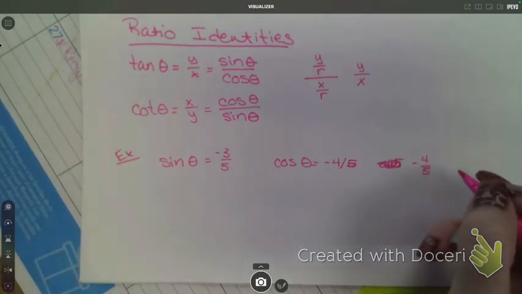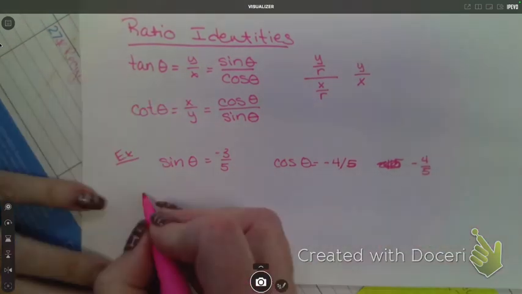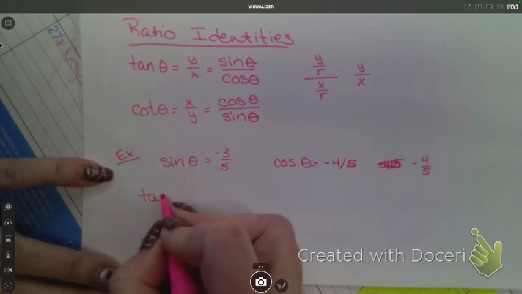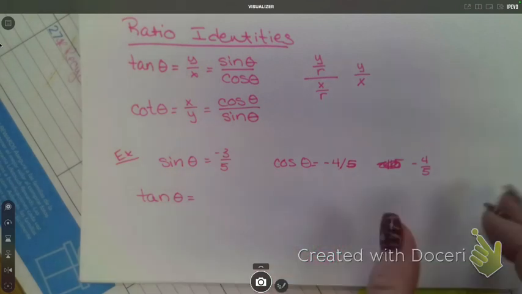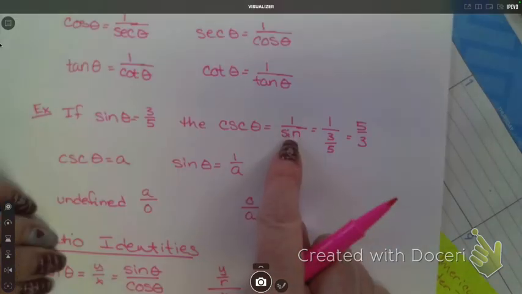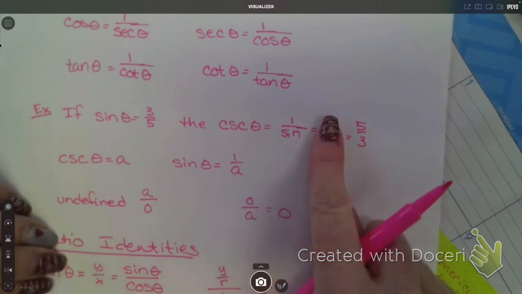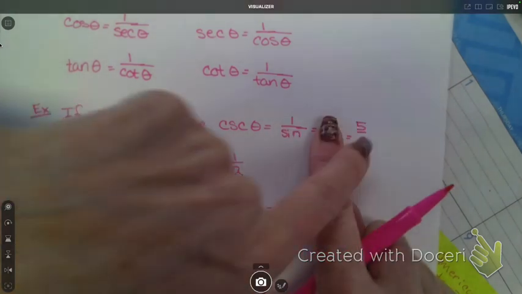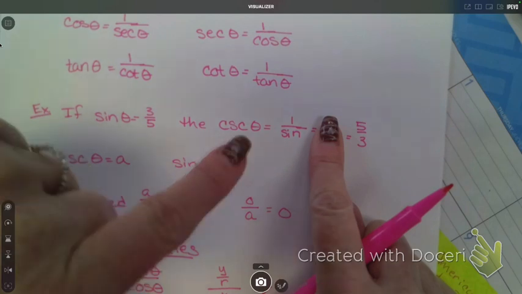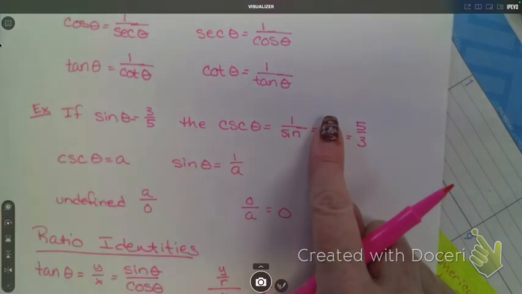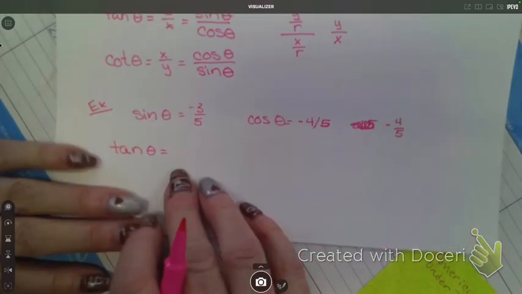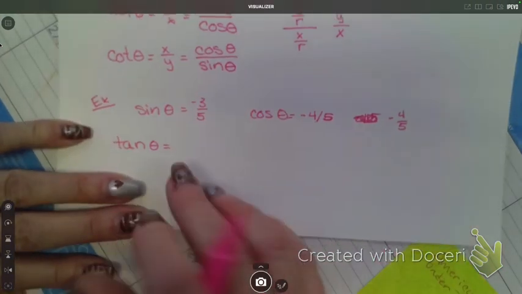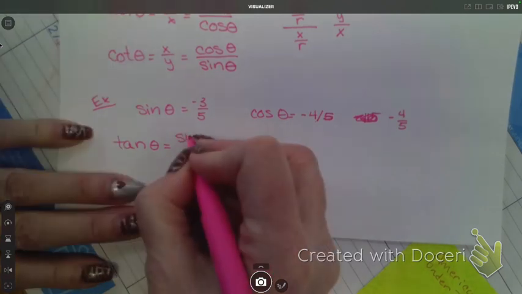See it. Okay? So I want the tangent of theta. So how you're going to do these today is you're going to write tangent of theta. I did cosecant of theta equals 1 over sine, and you don't have to put this step, but then 3/5. So these are the steps I want you to use, because I want those identities to just be there. Okay? So when we do this, tangent is what function over what function? Sine over cosine.